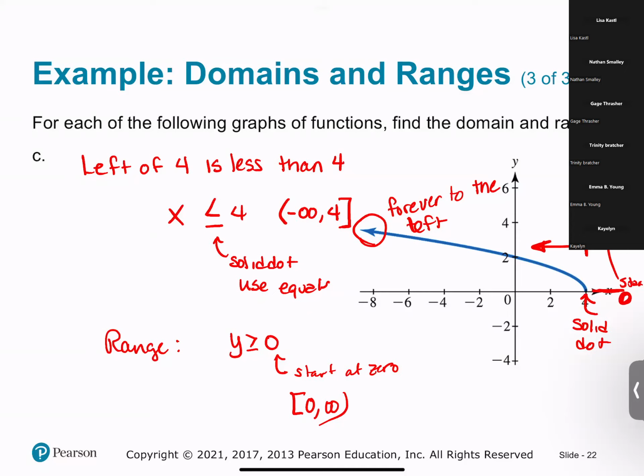The range is always from the smallest to the largest. So the smaller number is 0 because that's where it starts, and the larger number is infinity. It continues on forever. So we're going to talk about that being from 0 to infinity, smaller to larger when we're talking about range, and smaller to larger when we're talking about domain, left to right.